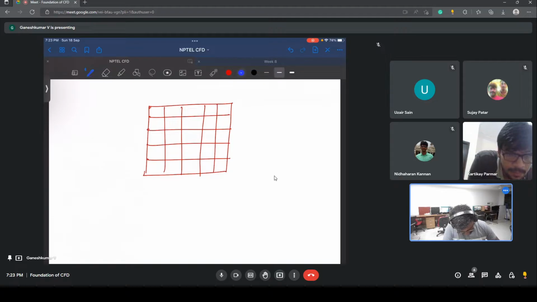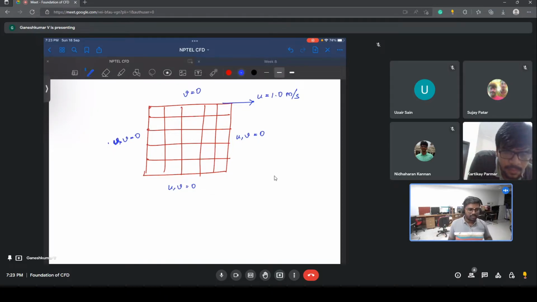Let's talk about the lid driven cavity. We have this part with u equal to 1.0 meter per second, and all other places are no slip, no penetration. So there u comma v is equal to 0. Here also u comma v is equal to 0, here also u comma v equal to 0, and here again v is equal to 0.